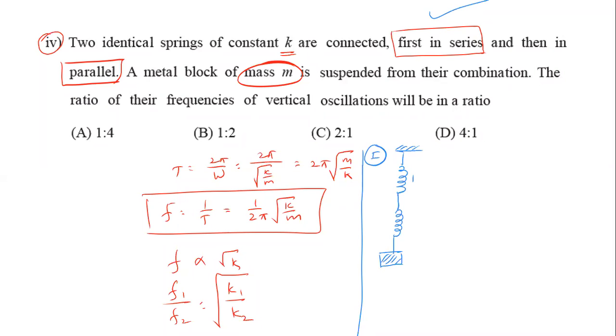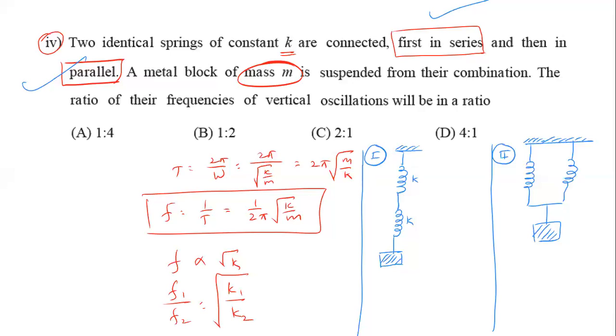Now here the force constant is K, here the force constant is K. In the second situation, where it is in parallel, this is the support, this is the first spring, this is the second spring, they are parallel and a block is attached, the same block whose mass is m. Again force constant K, here the force constant K.